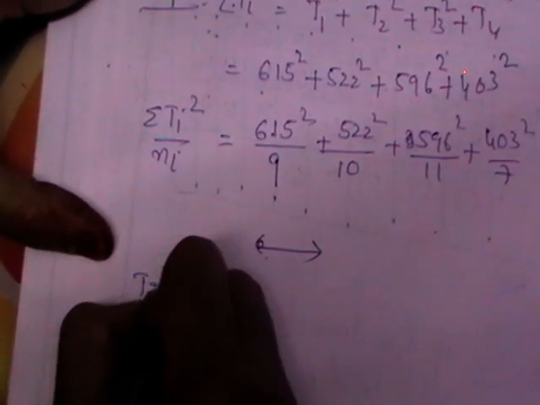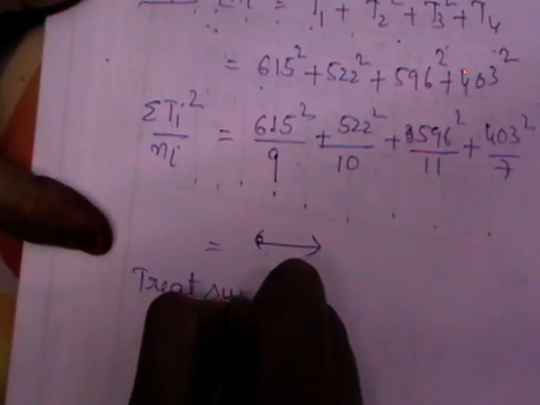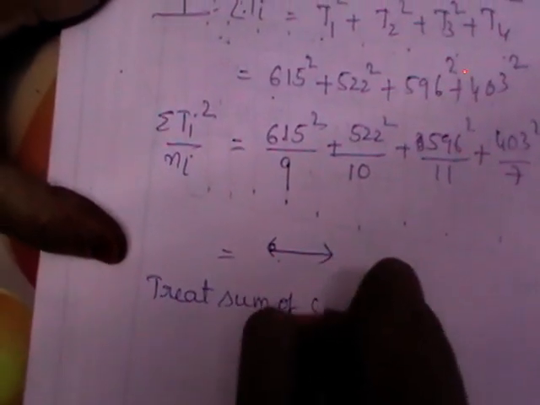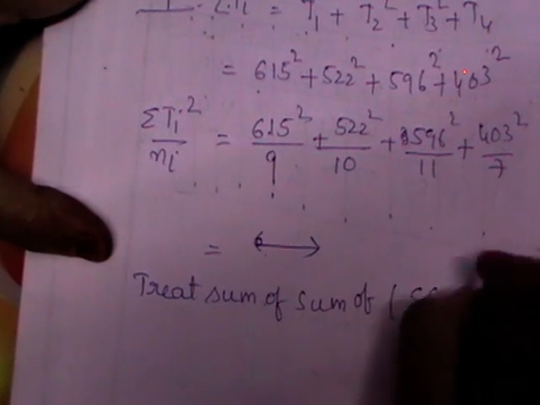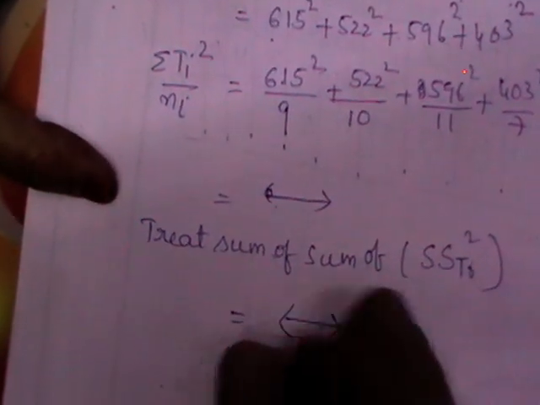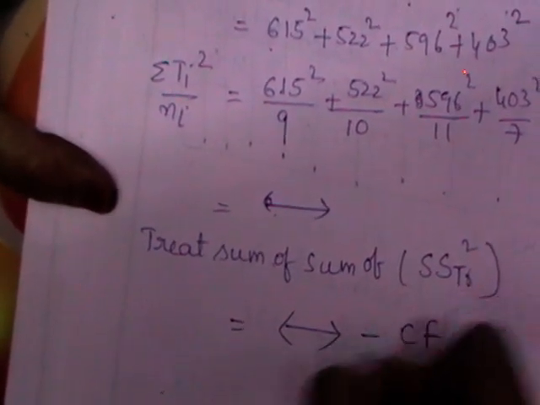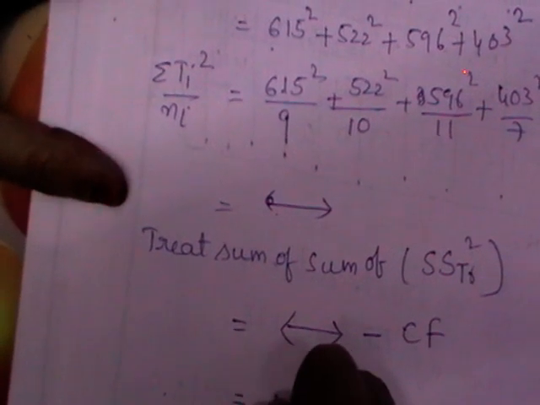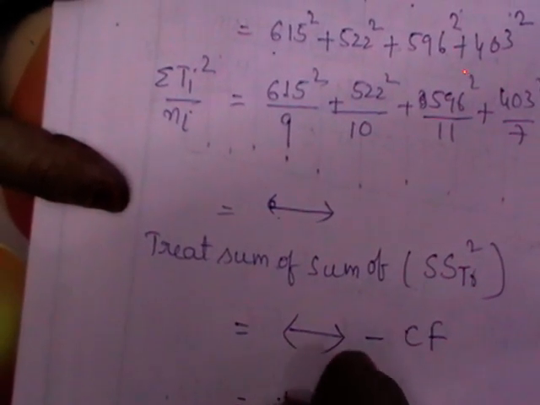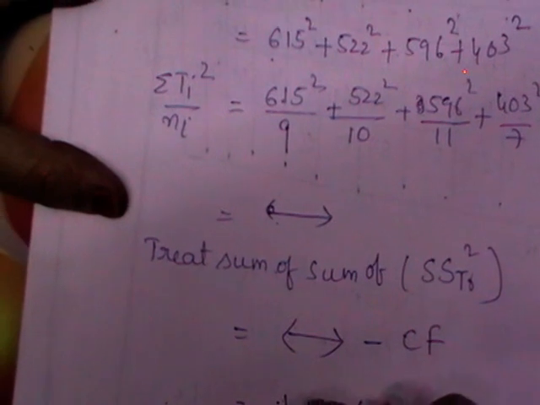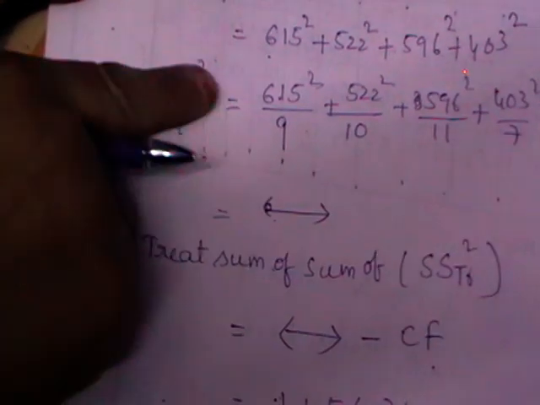Then to calculate the treatment sum of squares, which we write as SSTR, it is nothing but the total of this minus the correction factor, which is 1456.3. Already we have done CF and I didn't simplify this.